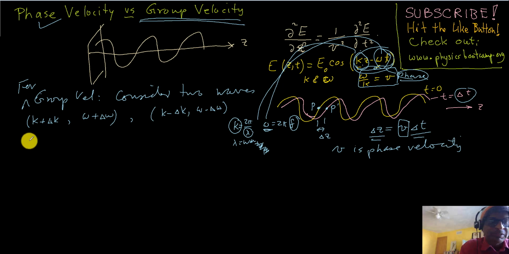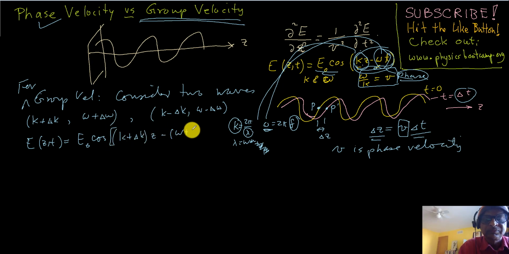So the net is E0 cosine (k plus delta k) z minus (omega plus delta omega) t, plus E0 cosine (k minus delta k) z minus (omega minus delta omega) t.